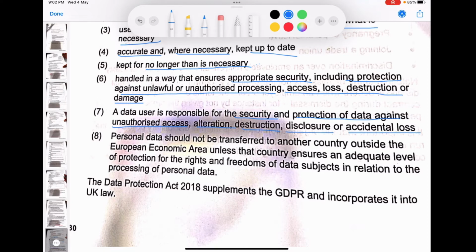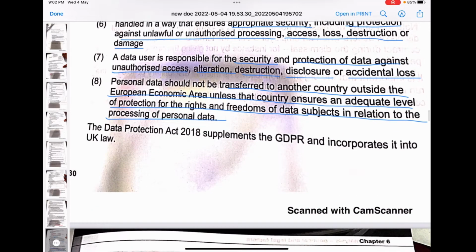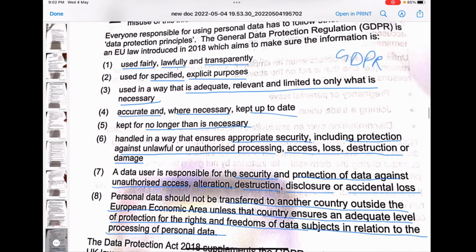accidental loss. Personal data should not be transferred to another country outside the European Economic Area unless that country ensures an adequate level of protection for the rights and freedoms of data subjects in relation to the processing of personal data. The Data Protection Act 2018 supplements the GDPR and is incorporated into UK law.